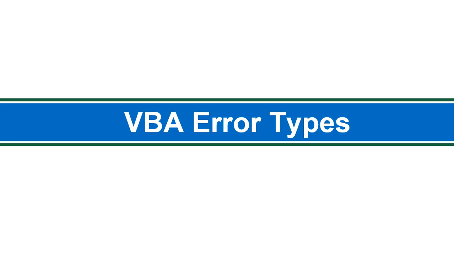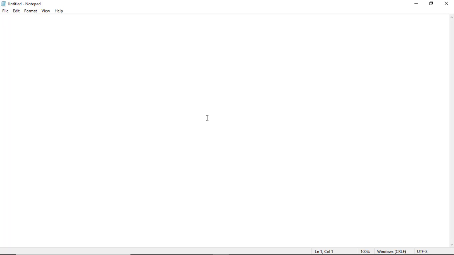These are called VBA error types. What is meant by an error? There are three types of VBA errors that you may encounter when executing an Excel macro.